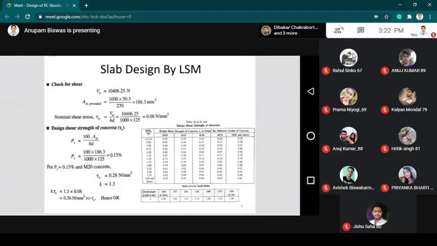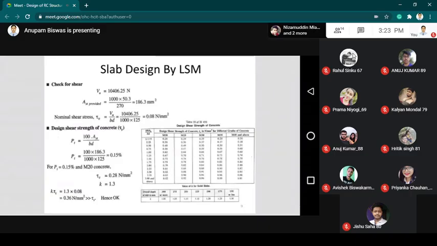So we have obtained pt as 0.15%. For this value from the table, and for the particular grade of concrete, here M20, the value of tau c is coming as 0.28 Newton per mm square.